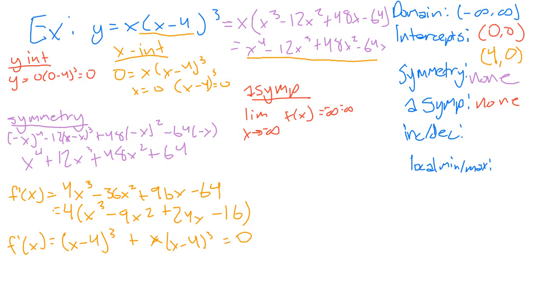So therefore, we can actually pull out an x minus 4 cubed times 1 plus x equals 0.